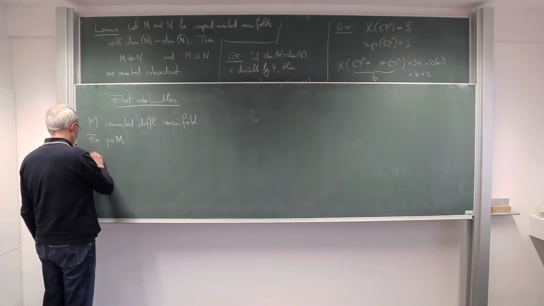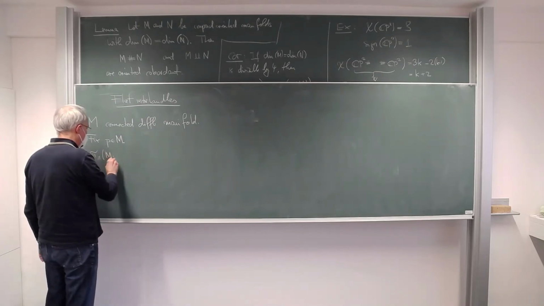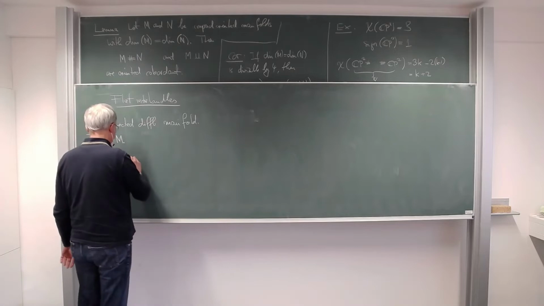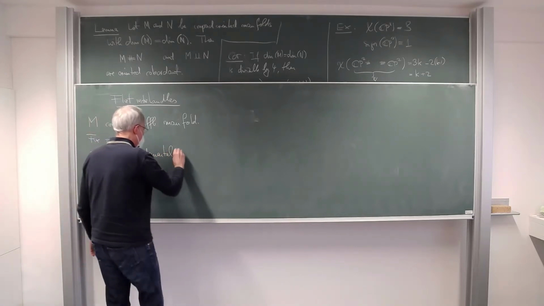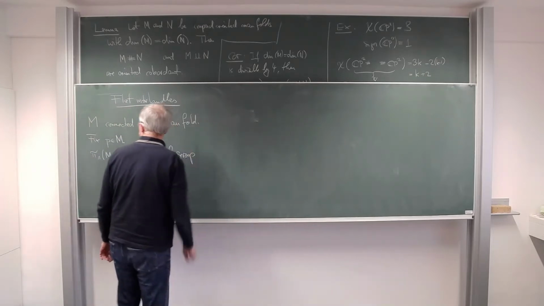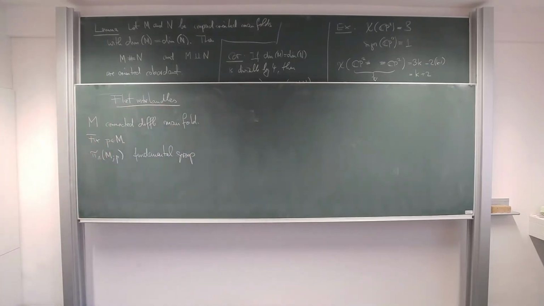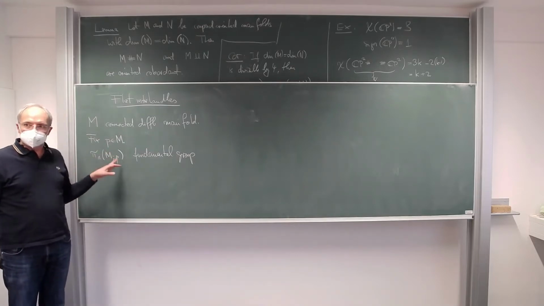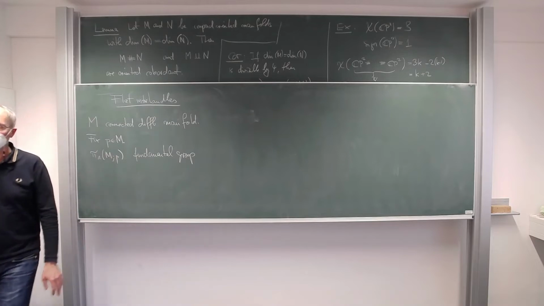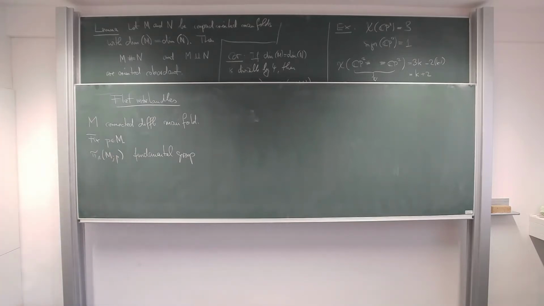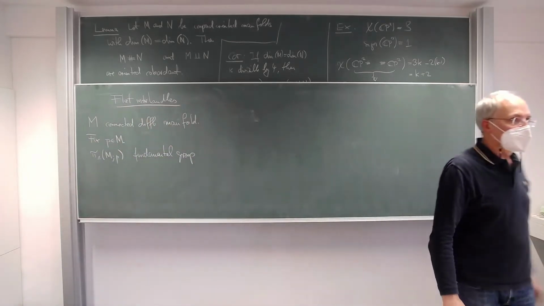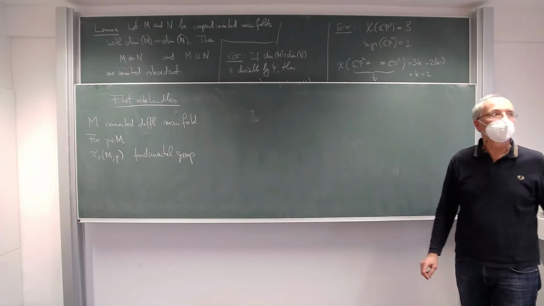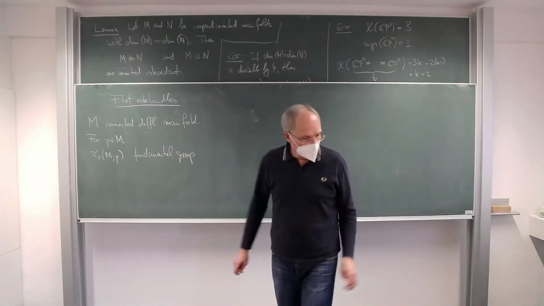So then we have pi_1(M, p), that's the fundamental group of M with base point p. These elements are represented by loops which start and end at p. And the choice of p is not really relevant, because if you replace p by some other point, then the two groups are isomorphic. But to specify the group, I need to pick a base point.